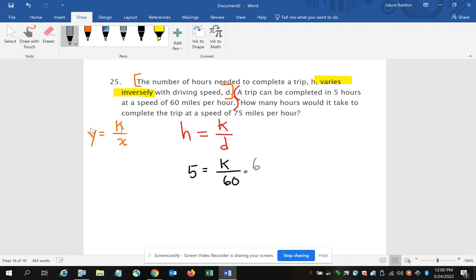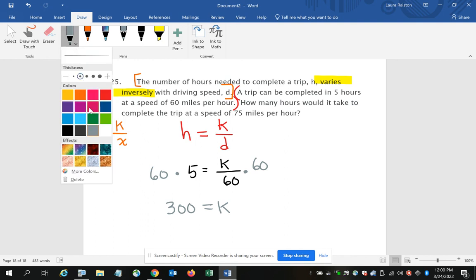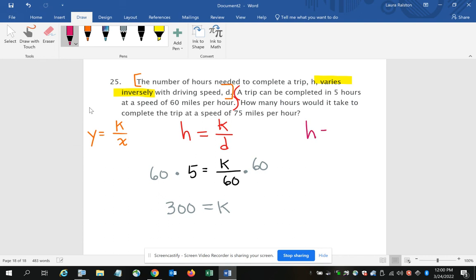So I'm going to multiply by 60 on each side. So I have 300 equals k, which leads me to my non-generic formula that the hours equals 300 divided by d. But I'm still not finished because I've got to figure out what it is for this problem.